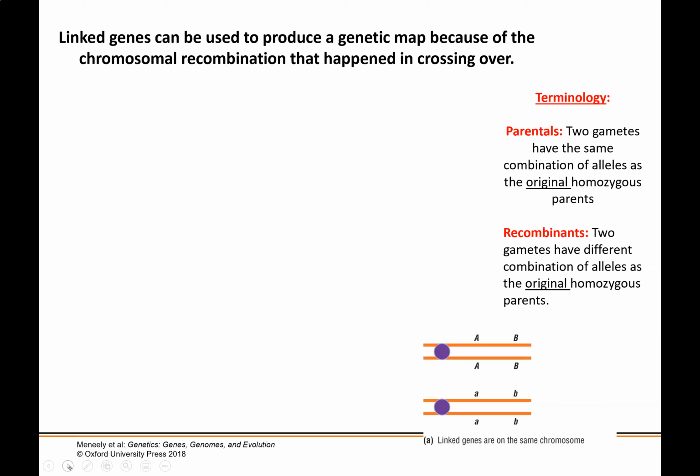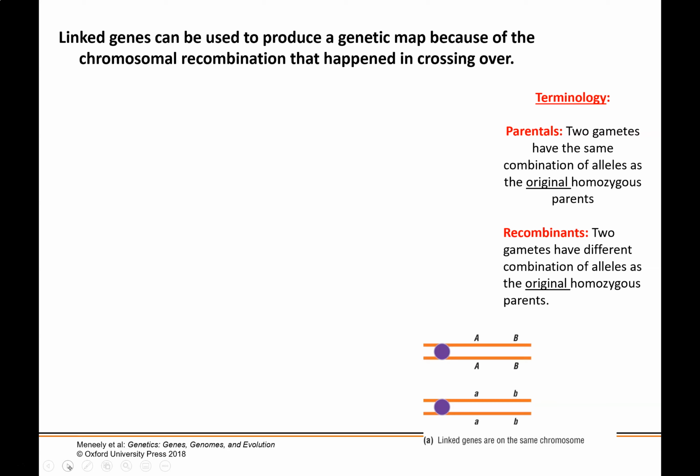So before we get too far into this, I want to talk about two quick vocabulary words. And then we are going to look at what happens when we study unlinked genes before we get into actually studying linked genes. So a couple of terms here.